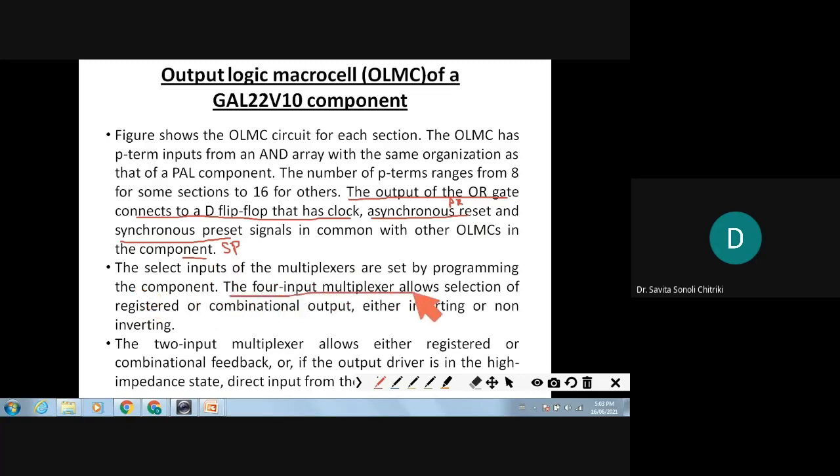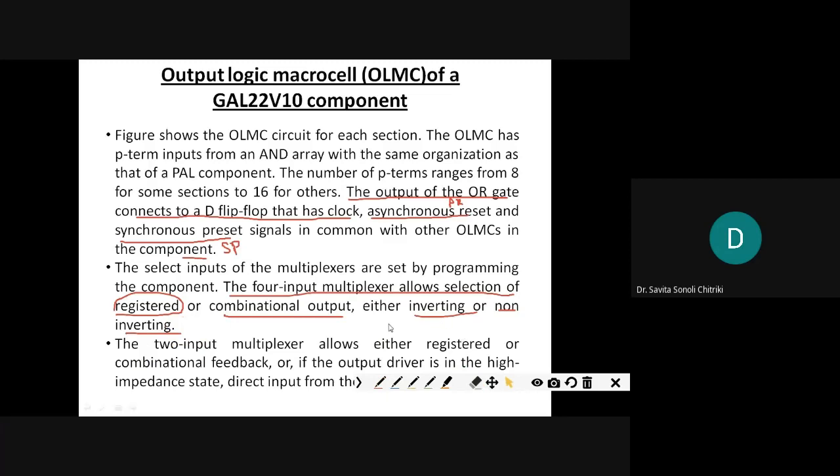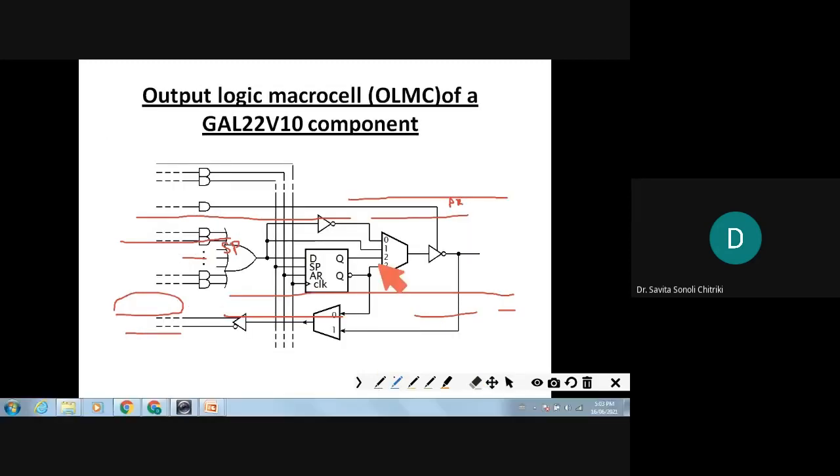The 4 input multiplexer allows the selection of registered or combinational output, either inverting or non-inverting. That's what I showed. Either you have inverting, non-inverting, or through the register. So this multiplexer is programmed to give any kind of output.